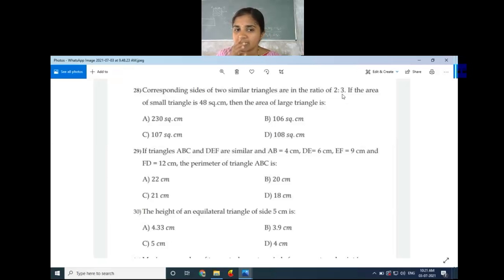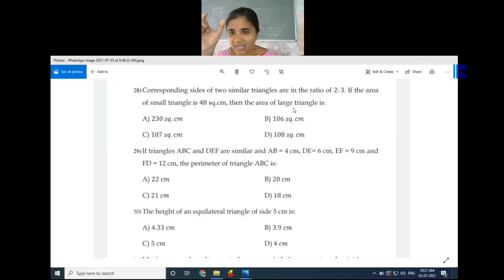So what is the answer here? Tejasvi, what is the answer for this question? 18, Krupa? 18 or 108? Krupa, I think you are giving the answer for the next question. Option D, 108, right answer. This question is easy, no?